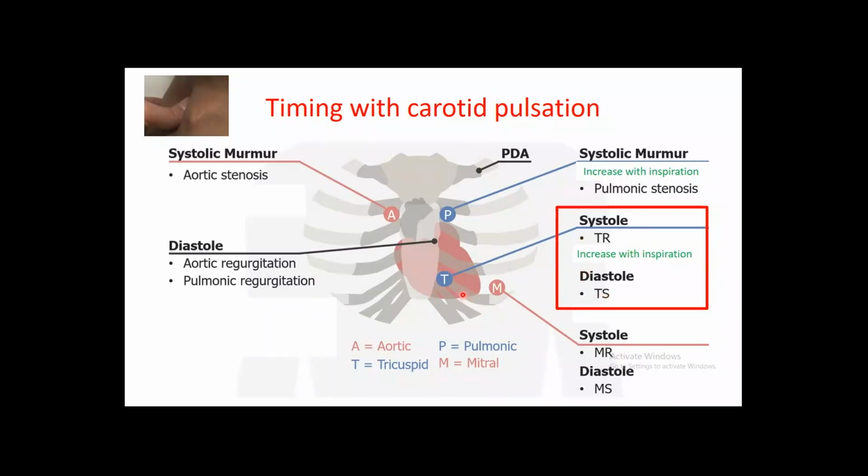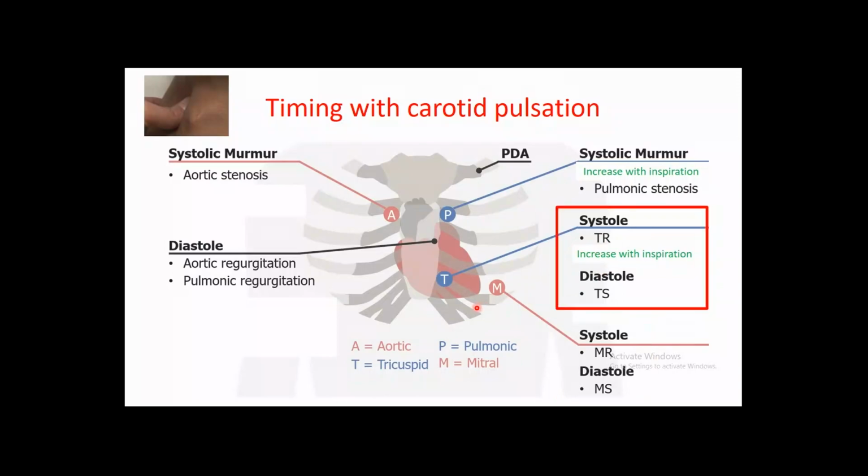How to differentiate between tricuspid regurgitation and mitral regurgitation? Simply, any right-sided murmur increases with increased flow across the right side. What normally increases the flow across the right side is taking deep inspiration, which is called Carvallo's sign. If the murmur increases with inspiration, this is pathognomonic for tricuspid or right-sided disease, tricuspid regurgitation.